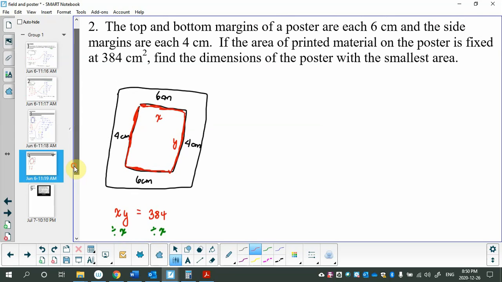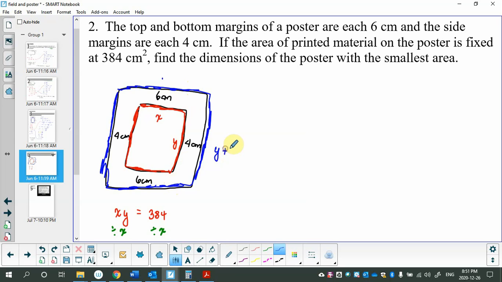So, dig out my blue. It says if the area of the printed material in the poster is fixed at 384 centimeters, find the dimensions of the poster. So we need to know this value and this value. So this one used to be Y from here to here, but it's got an extra 6 here and an extra 6 here.